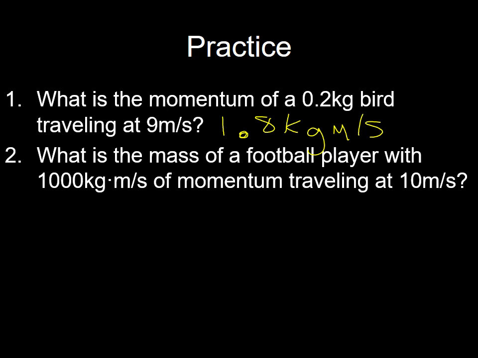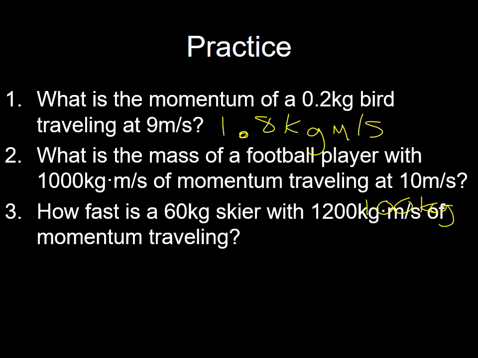Hopefully you did 1,000 kilogram meter per second divided by 10 meters per second to get a mass of 100 kilograms. The last practice problem, how fast is a 60 kilogram skier with 1,200 kilogram meter per second of momentum?